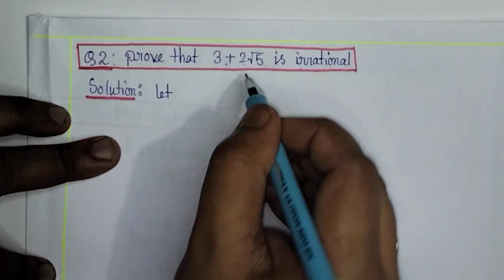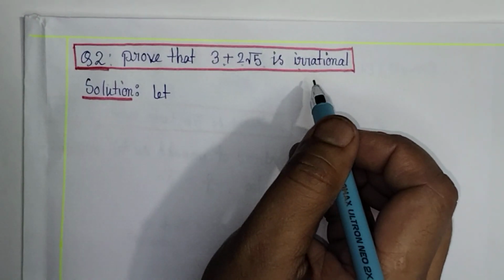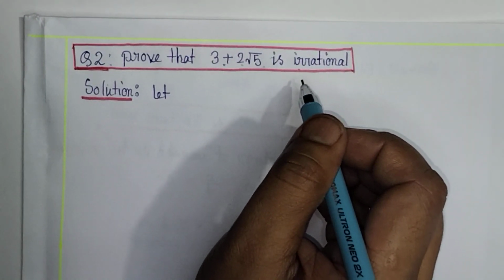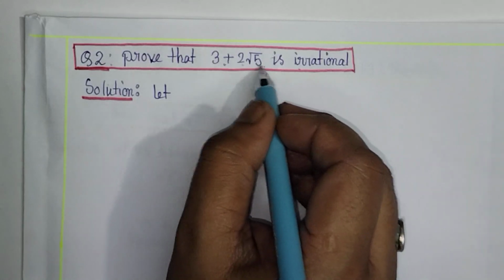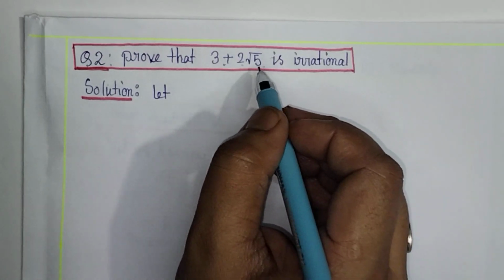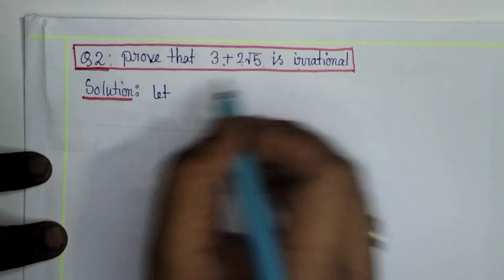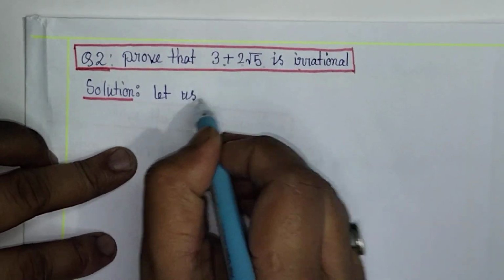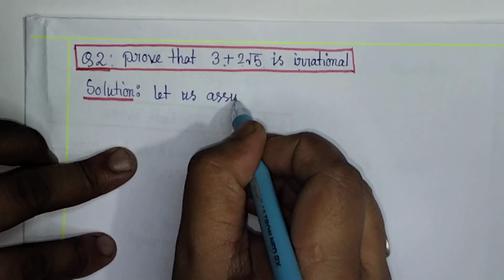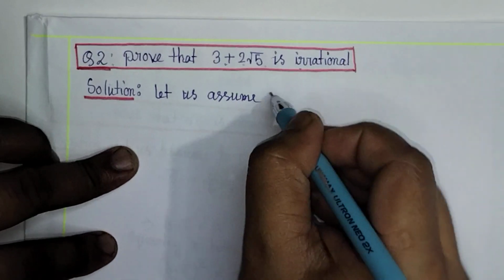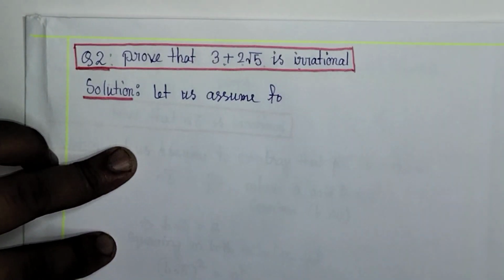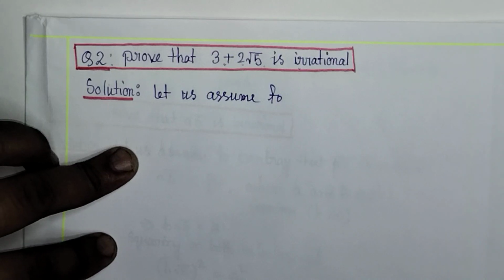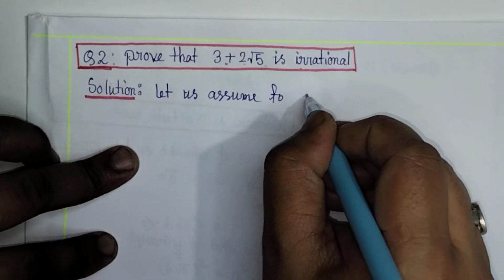Let us assume to the contrary that 3 plus 2 root 5 is rational. Rational is opposite to irrational.